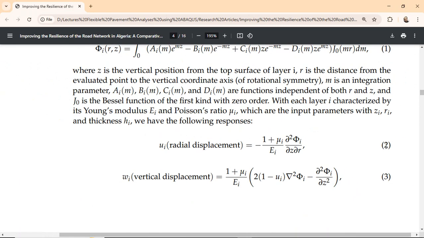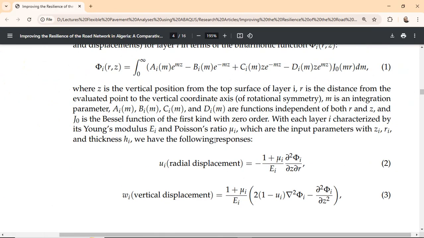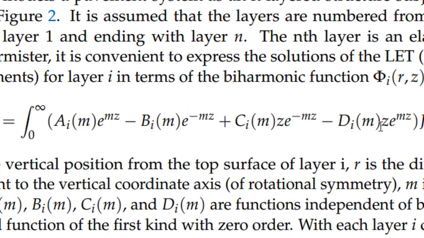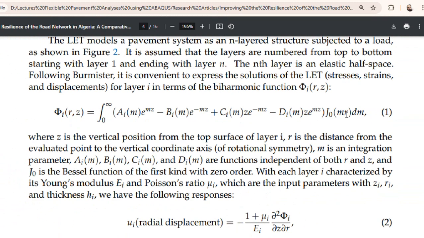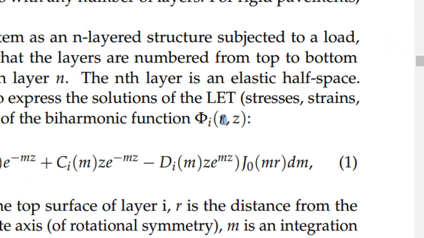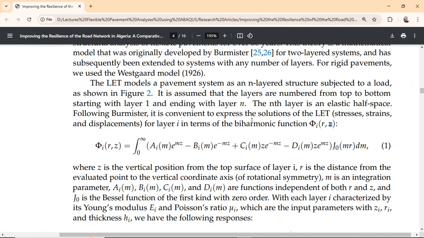So this equation 2 which you are seeing right now is derived from the biharmonic function, and it's actually dependent on the integration scheme of the biharmonic function which is given here. So the biharmonic function is dependent on two parameters, which are R, which I discussed in detail, and Z, which I also discussed in detail.